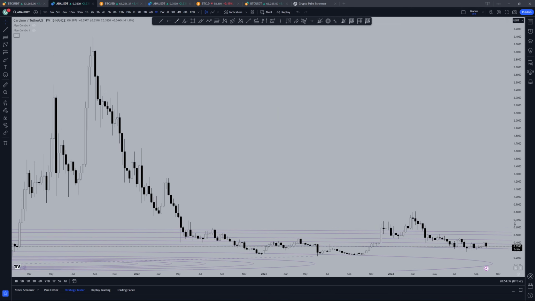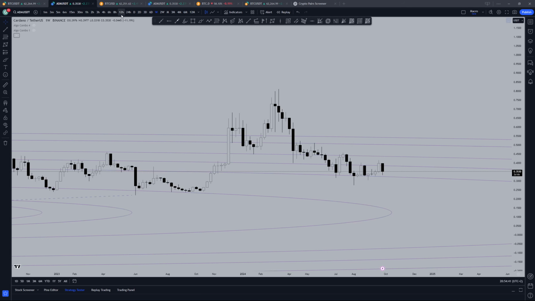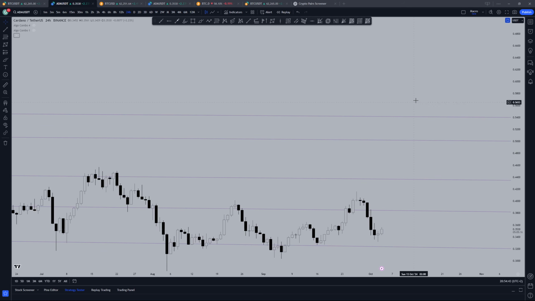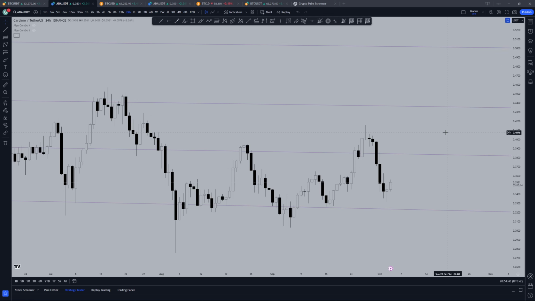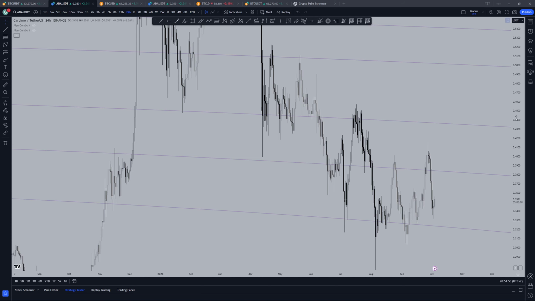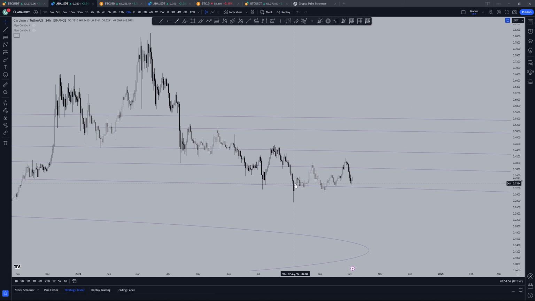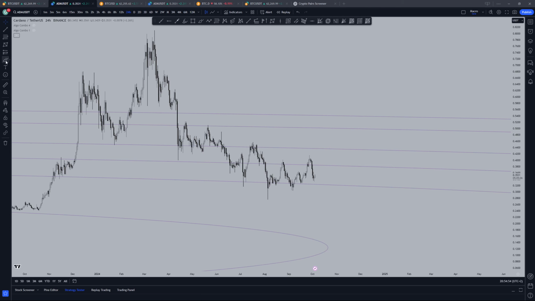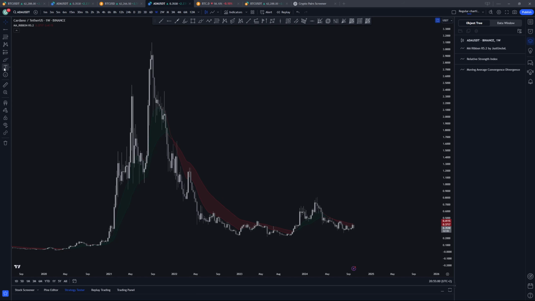Yeah, I pulled the circles out for ADA, and they're working really well. In general, I like the circles here, but it is not too actionable because they're on too high of a time frame. Because, well, this would be a really nice area. Okay, let's get on a lower time frame.